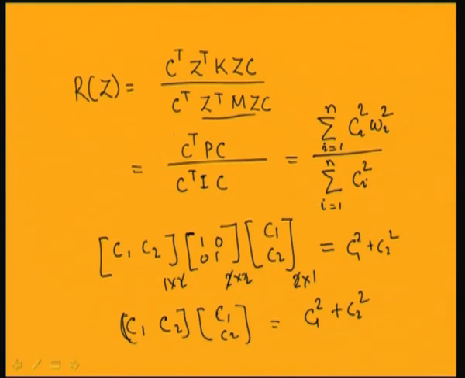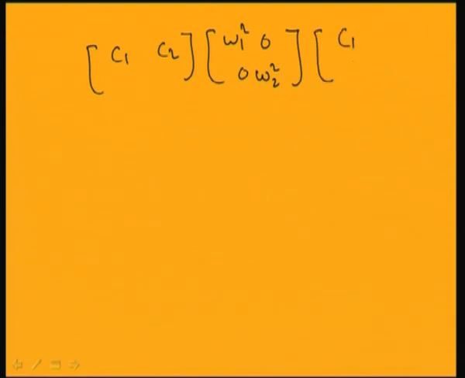Similarly, in the upper part you have a diagonal matrix. This is equal to C1 C2 multiplied by omega 1 square 0 omega 2 square, and let me multiply it by C1 C2. So, these are the coefficients of that z we have taken. The z vector we have written in terms of z1 C1 plus z2 C2.